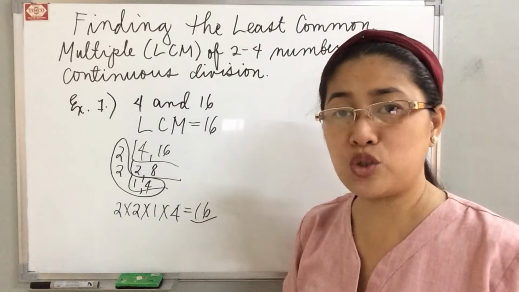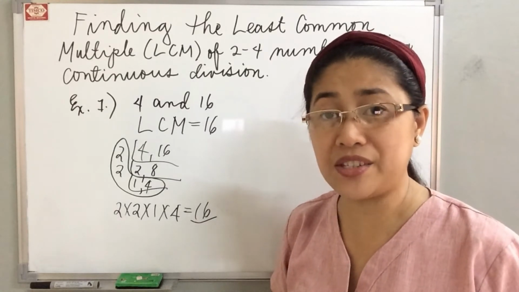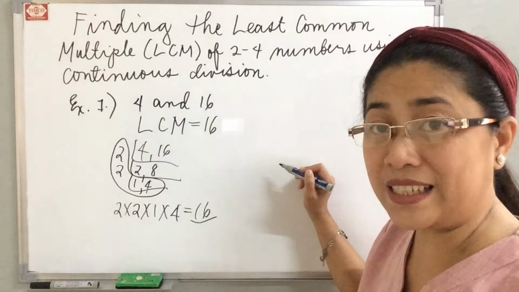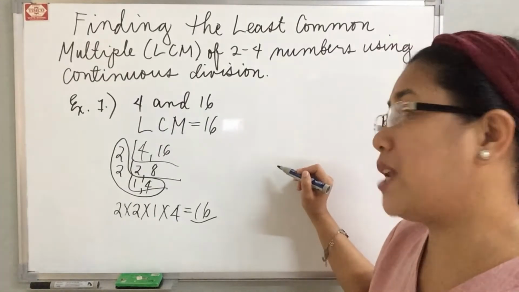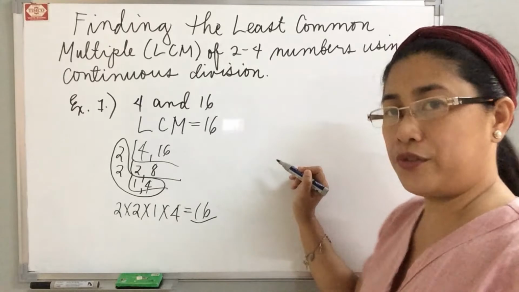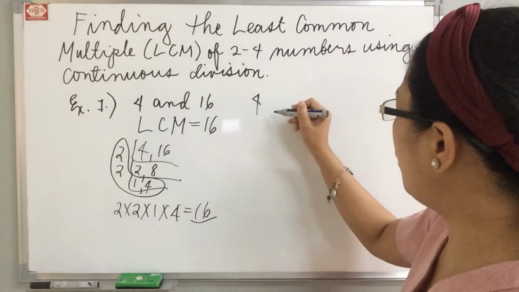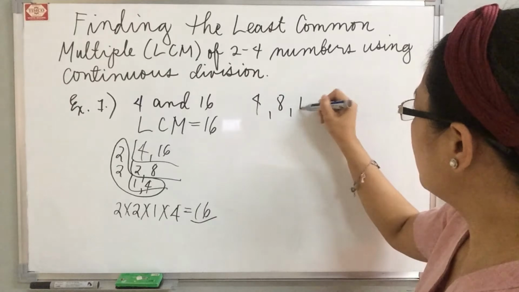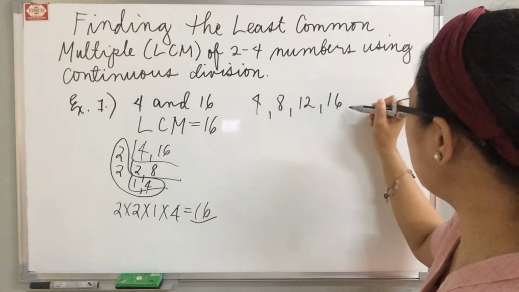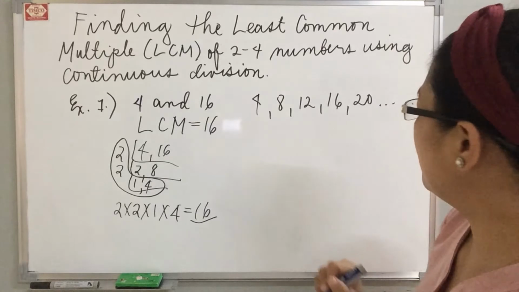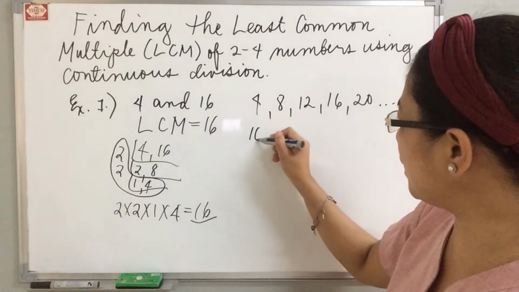Now, how to check if our answer is correct? By skip counting. Let's skip count by 4 and by 16, or by listing down all the multiples of 4 and 16. So we have 4, 8, 12, 16, 20, and so on. Then let's have 16.